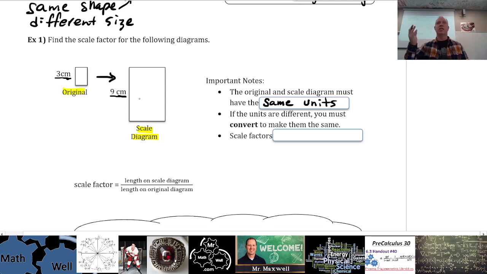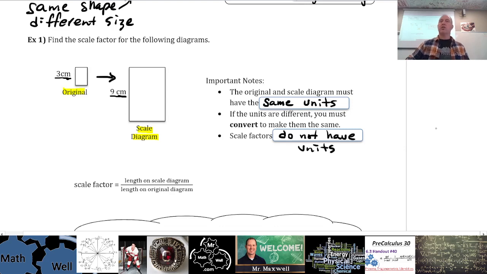If they're different units, like 3 million centimeters and 30 kilometers, we can't just divide those numbers. We have to put them in the same units. If the units are different, we must convert them. Okay? And also, another important note, scale factors have no units.